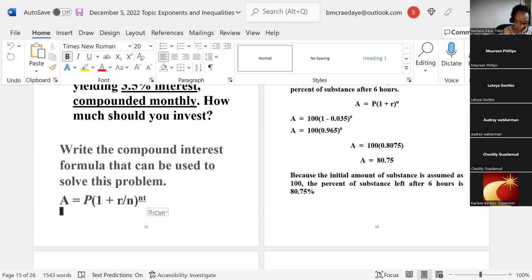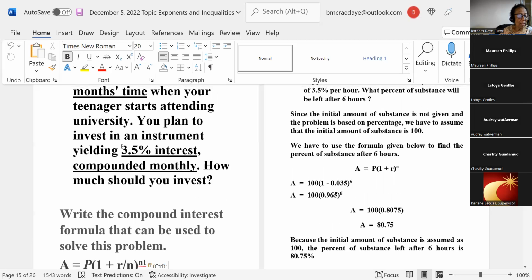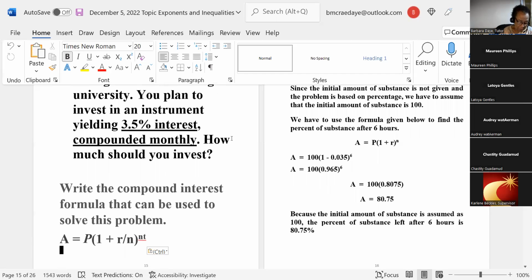So 10,000 equals P times 1 plus, what's your rate? There's your rate, the 3.5%. Convert that to a decimal. What would it be as a decimal? 3.5% would be what as a decimal?